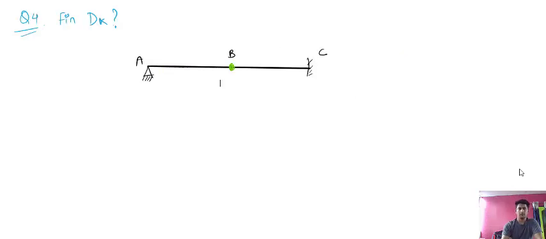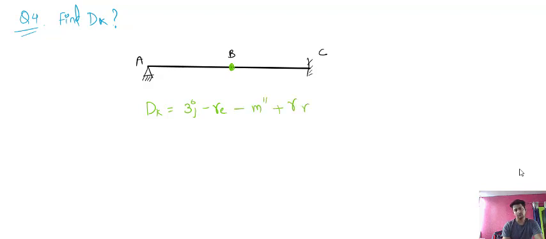Now for calculating the value of DK, the kinematic indeterminacy, in this case we need to consider it as a rigid frame. In that case, the formula for calculating the kinematic indeterminacy is 3J minus Re minus m double dash plus Rr.